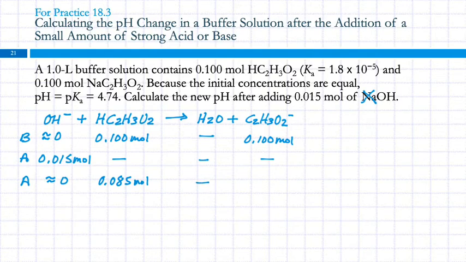This still we're not going to worry about. And this is going to be 0.115 moles of that. So the hydroxide reacted with some of the acid to make more of this. And so we're going to assume it just reacts stoichiometrically, and then we'll do the ICE table using these new amounts.